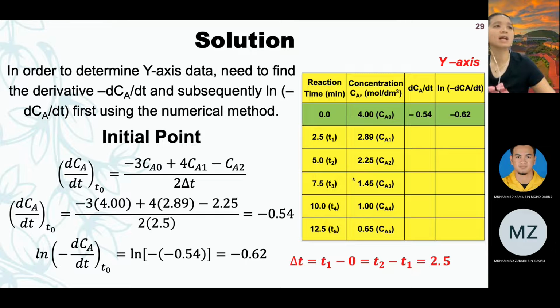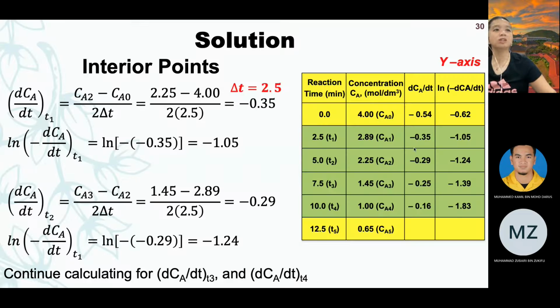Okay, again. Delta T dia so happen masih sama. I'm taking my reading at every 2.5 minute. That's why your delta T 2.5. Okay, so next one is kita nak buat untuk the 4 interior point. So kita ada 4 point yang kita kena kira. Okay, katakan kita nak kira for the second data, second row.